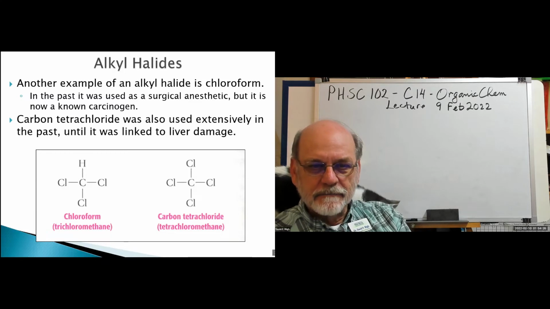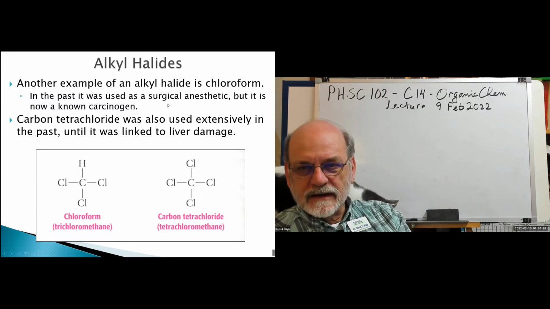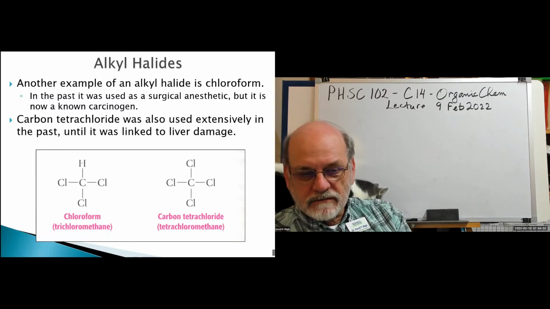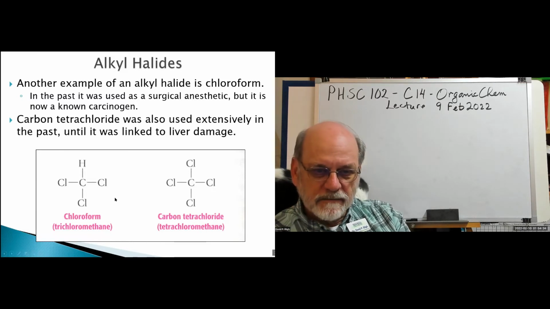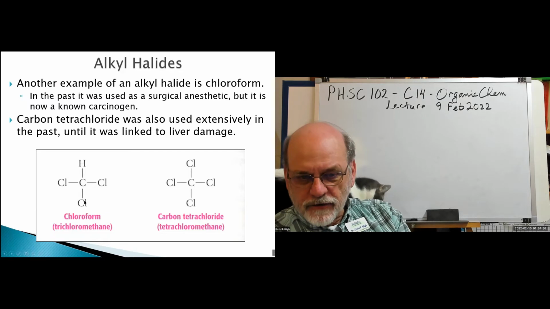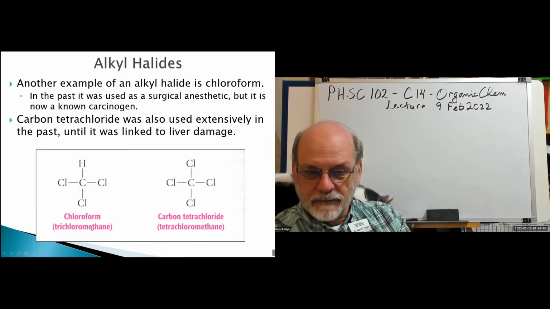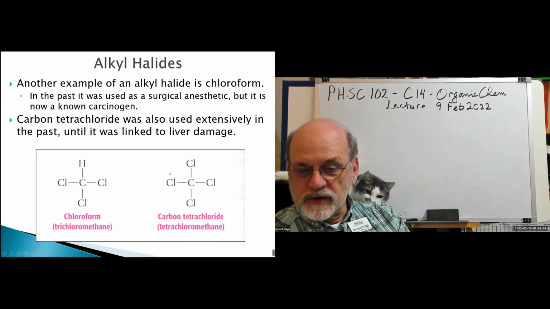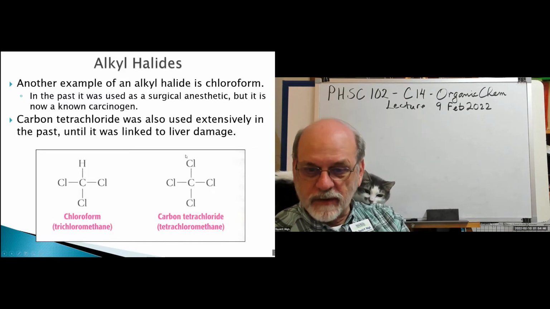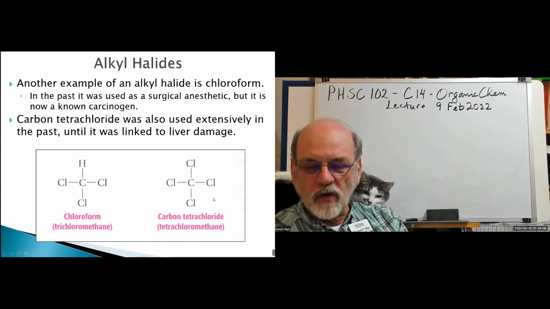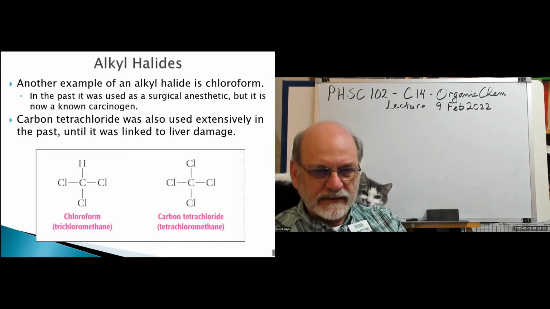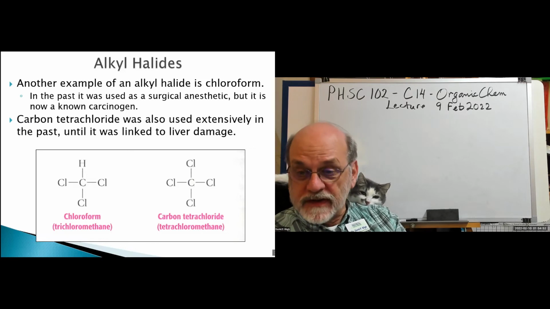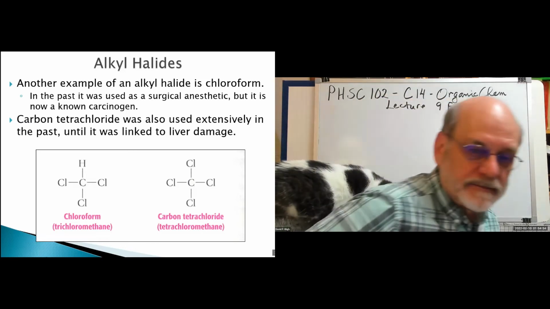But now it's known to be a carcinogen, and it has 3 chlorines and 1 hydrogen. So that's trichloromethane. Right? Carbon tetrachloride. We just put 4 chlorines around there. Carbon tetrachloride, or tetrachloromethane. And both of these have been found to be carcinogenic.